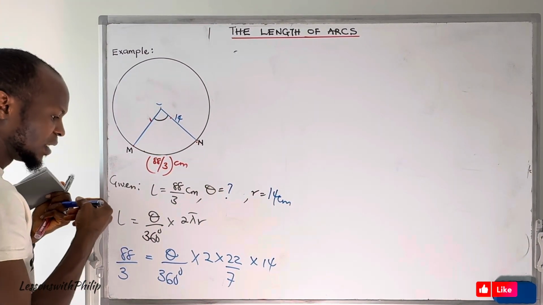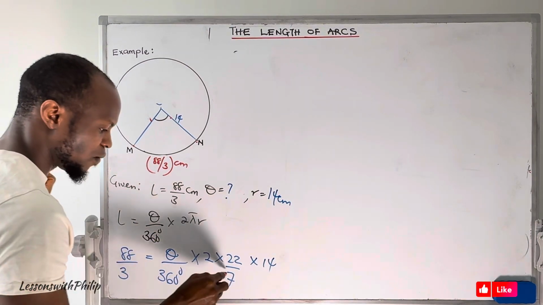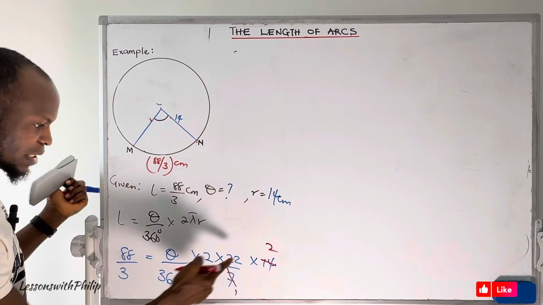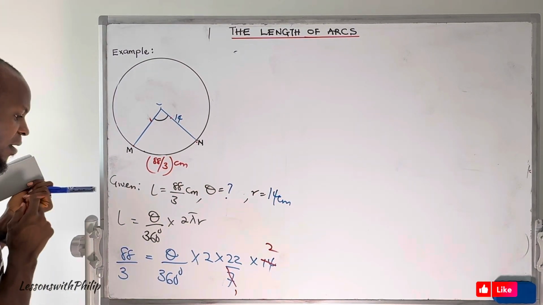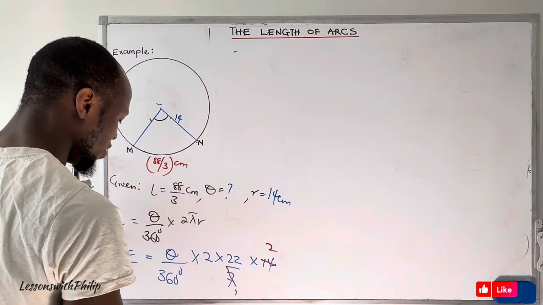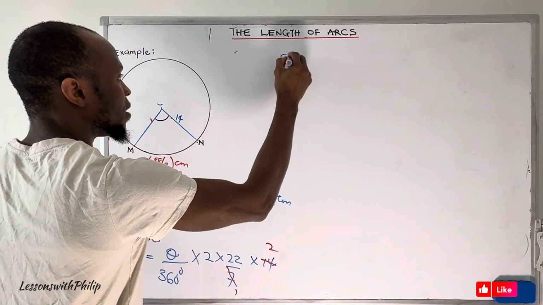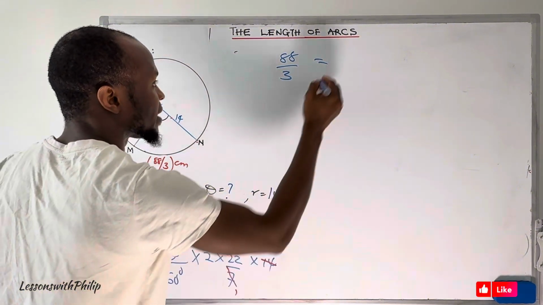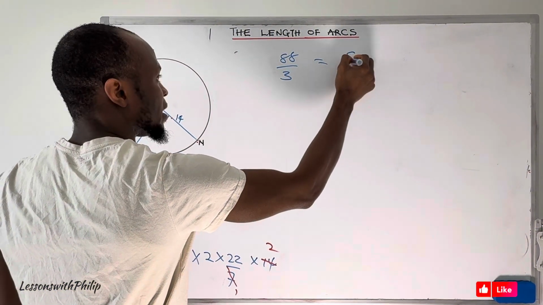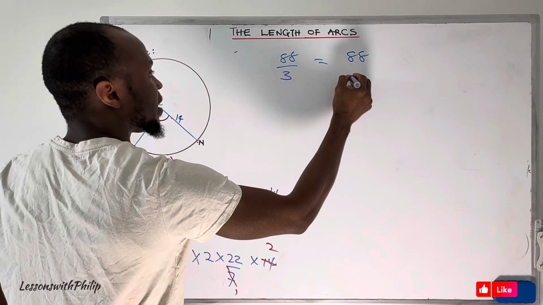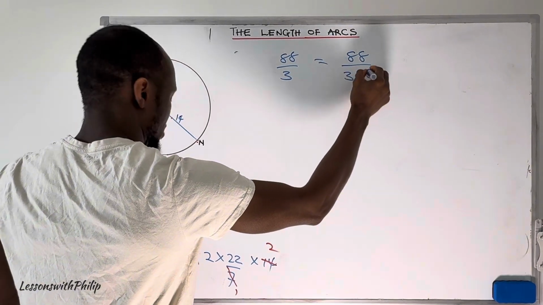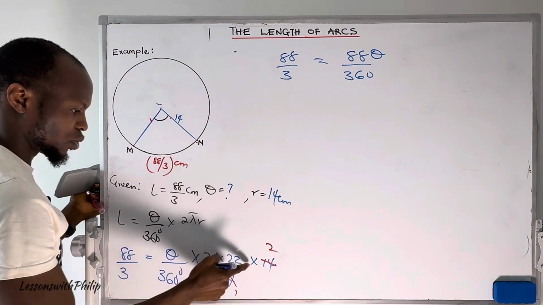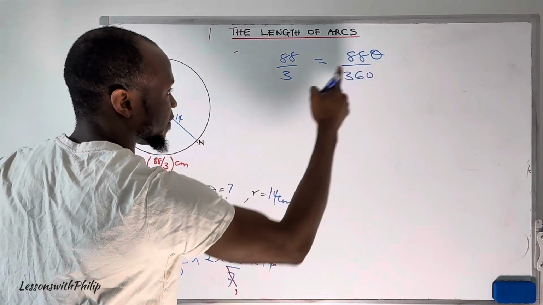Now, from this, we know that 7 into 14 is 2. That is 2 times 22 times 2 times theta, and that will give me 88 divided by 3 equals 2 times 22, 44, times 2, that's 88, so 88 theta divided by 360.